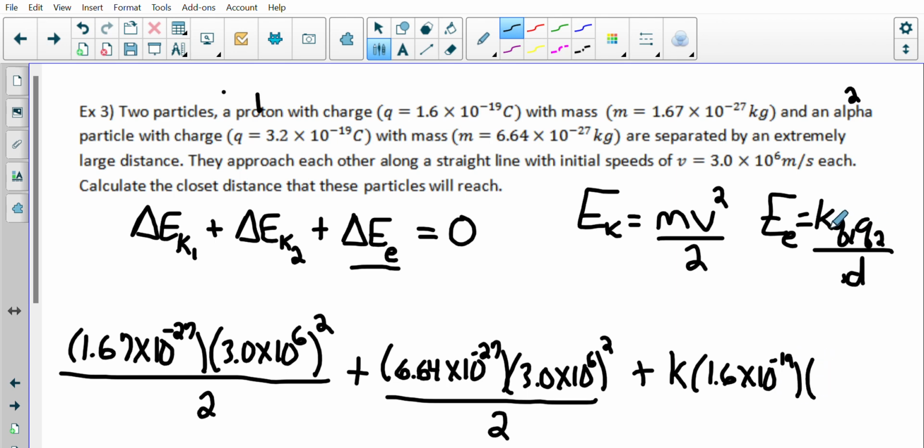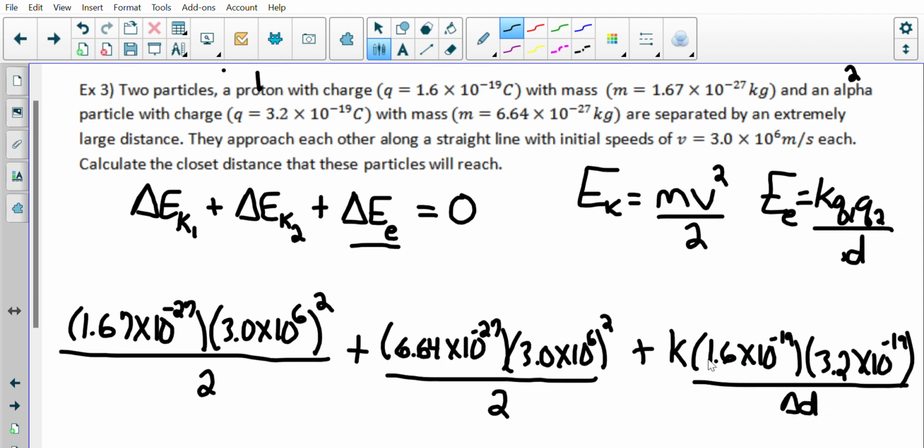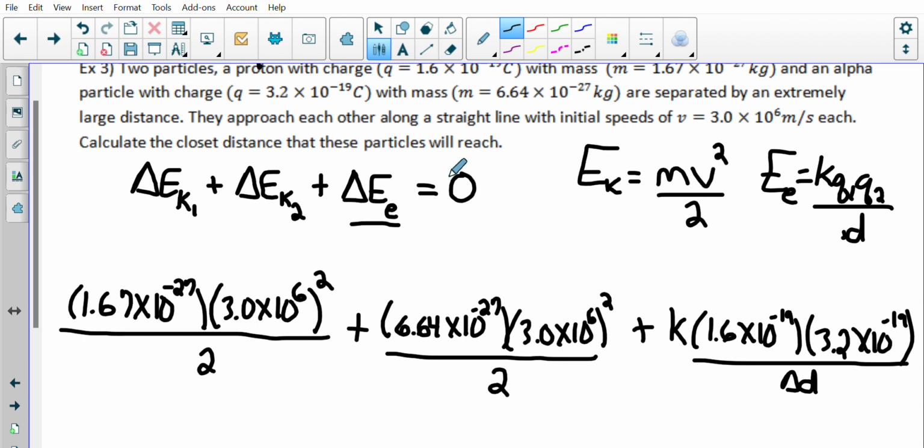Q2, an alpha particle, 3.2 times 10 to the power of negative 19. Over delta D, because we're looking for the change in our electric energy. It's going to be determined by the distance. Now, this all is equal to 0.